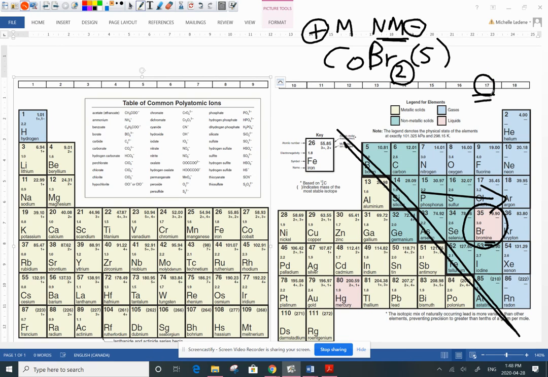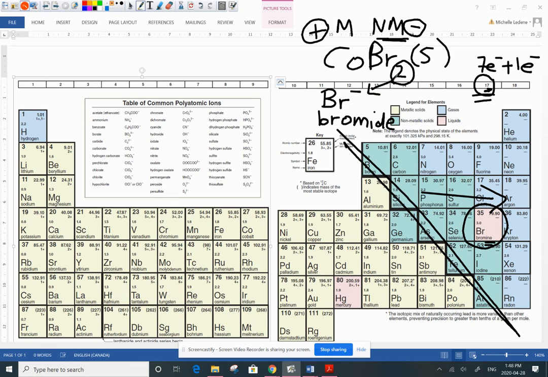So he's in group 17, and it's this last number here that tells us how many electrons he has in his outermost valence energy level. He's got 7. So we need to add 1 to make that magic number 8, so he has a full octet. So what is the ion? The bromide ion is Br minus. So the last half of this name, the non-metal part of the name, is going to be bromide.